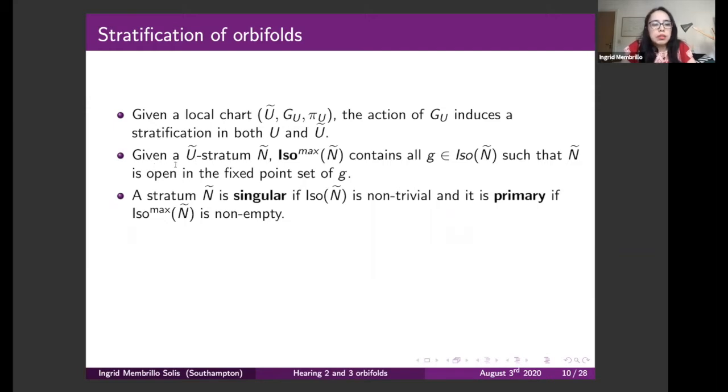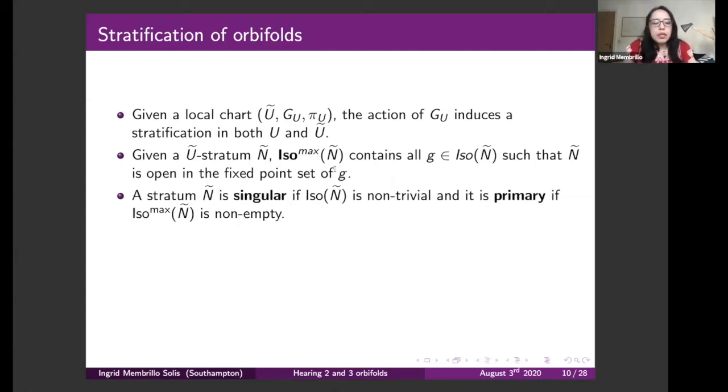And now given a stratum of U tilde, a stratum N tilde, we define the isomax of the stratum N tilde as the set that contains all the elements in the isotropy type of N tilde, such that N tilde is open in the fixed point set of G. I will say more later with one example, so that it will be clearer what this isomax is.